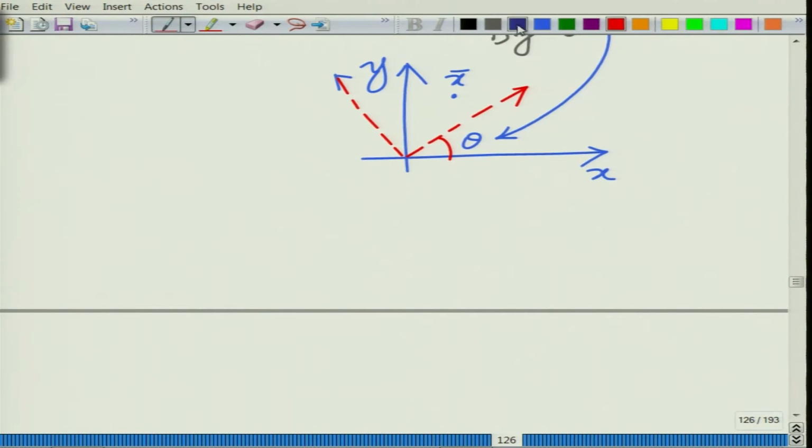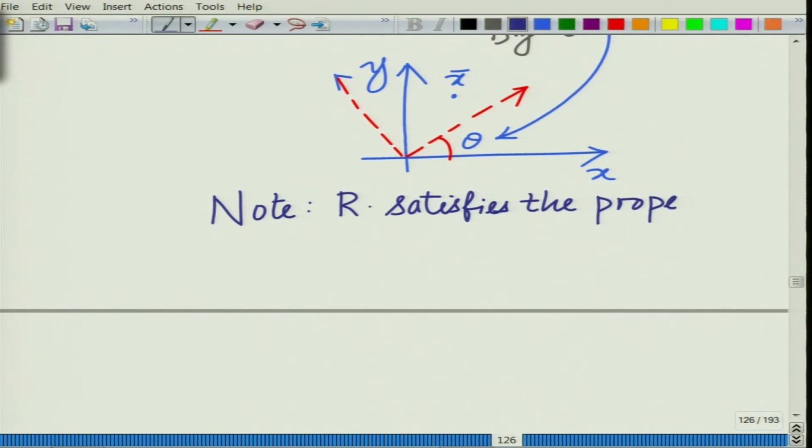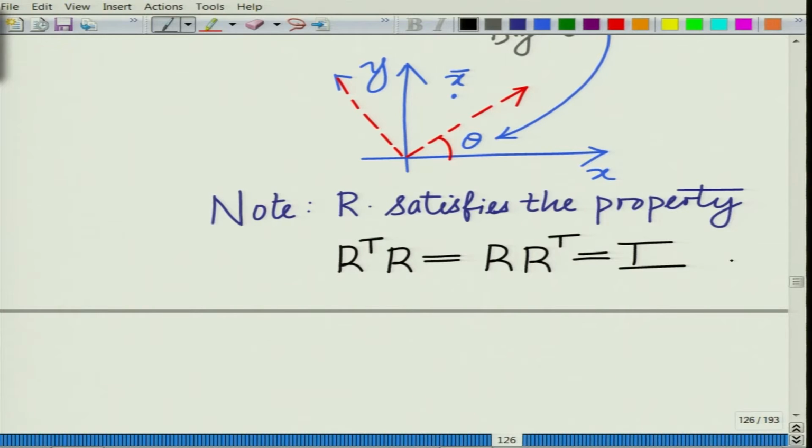Anyway, the rotation matrix satisfies the property, note, R theta, I am going to simply denote this by R, satisfies the property that R transpose into R equals R into R transpose equals identity.